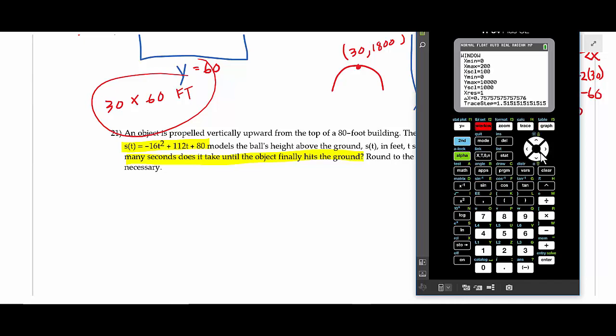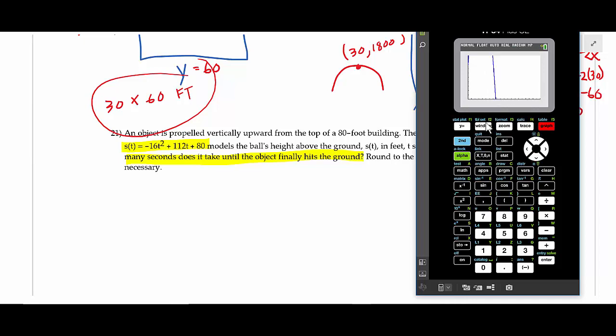I'm going to do something like 0 maybe to 20 or something like that. And let's see, the y, let's just try like 100 or something like that. As long as I get a good picture, we're okay. So I'm going to go ahead and try that window, and then if that works, I'll show you what it is.